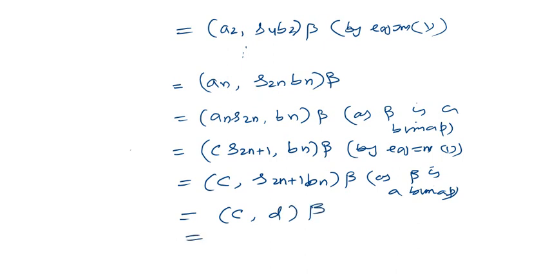By definition of beta tilde, it's equal to C tensor D of beta tilde. So thus A tensor B of beta tilde is the same as C tensor D of beta tilde. Therefore beta tilde is well defined.